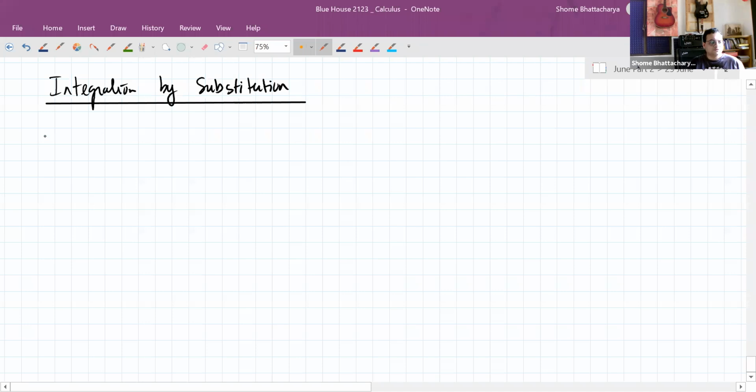Now, the first part of this is when we have an integration of the type where we have to substitute a linear term. So I'll explain how that works. Substitution of a linear term.